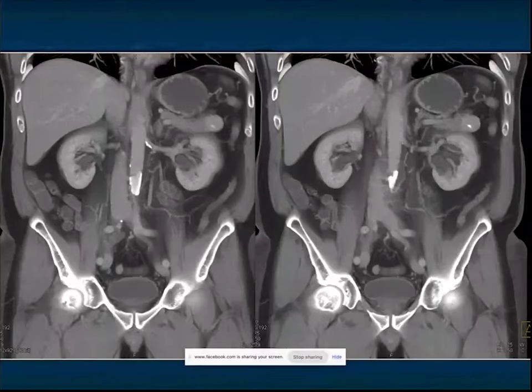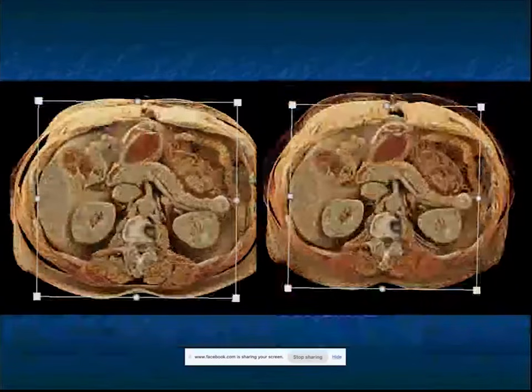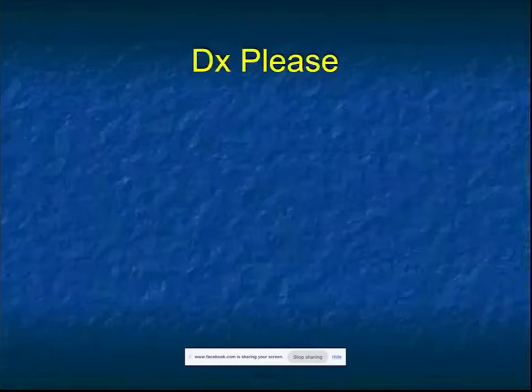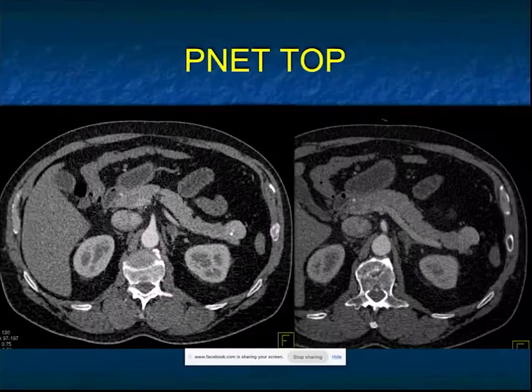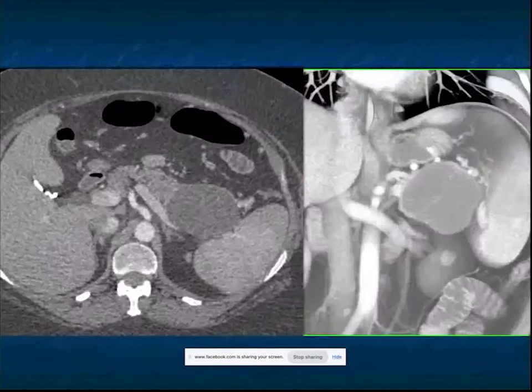And again, although I think about splenules, the other thing I think about by the tail of pancreas is a neuroendocrine tumor, and sometimes it can be challenging to distinguish the two. This was a very nice example, as shown in the cinematic rendering, and was a neuroendocrine tumor of the tail of the pancreas.